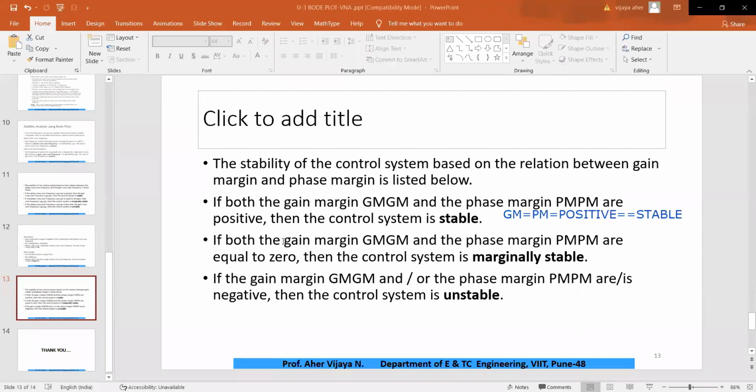Then the second condition: if gain margin and phase margin are equal to 0, at that time your control system is marginally stable. When GM is equal to PM, both equal to 0, then your system is marginally stable.